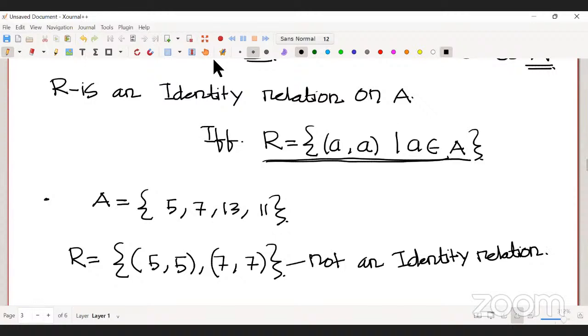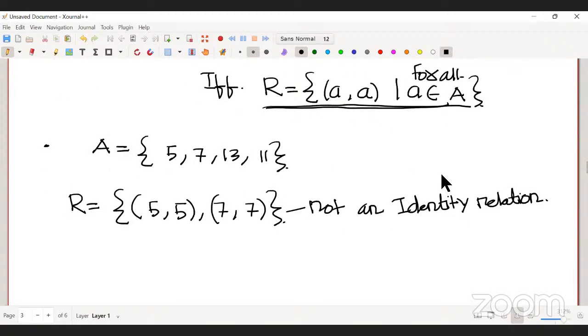Why? See, it says (a, a) should be a member of R for all a in A. So for all a in A, (a, a) should be inside R. The first element of A is 5, so (5, 5) is in R. So this holds for the first element 5.